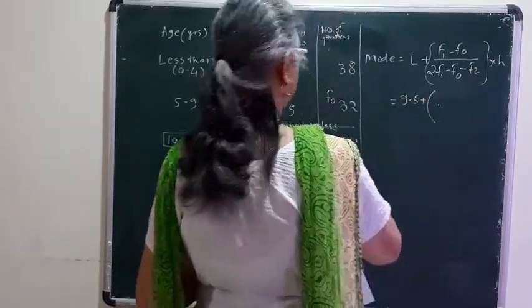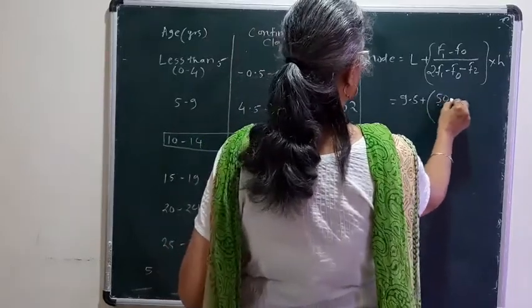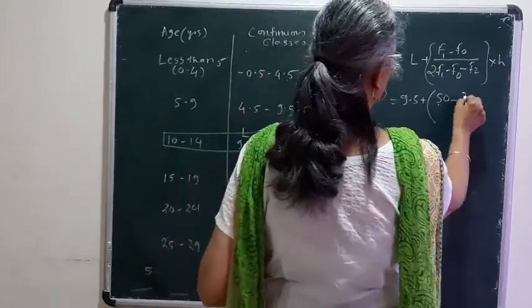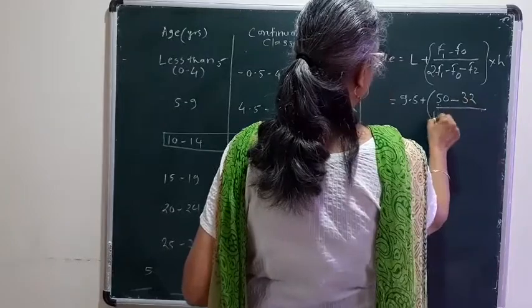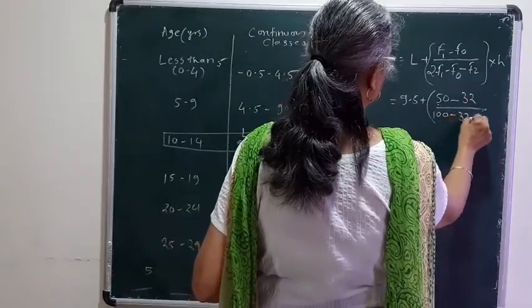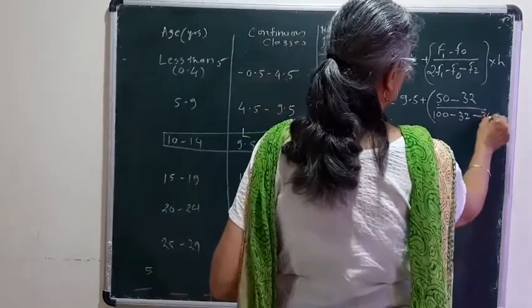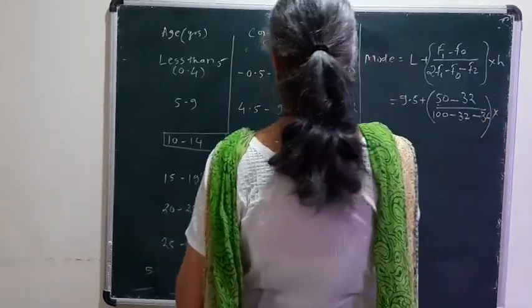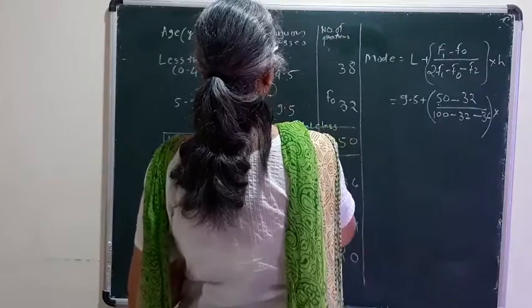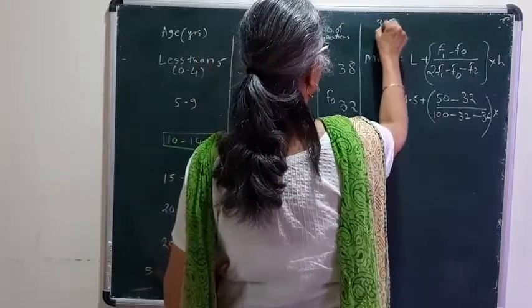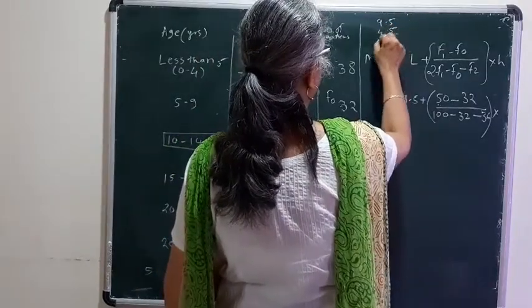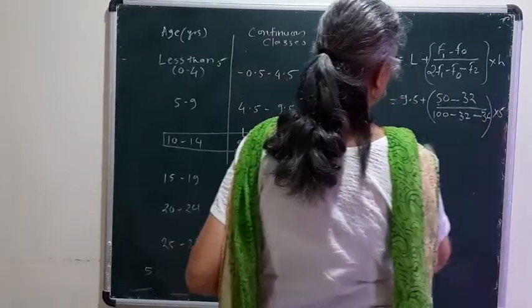How much F1 we have? 50 minus F0 we have 32. 2F1 means 100 minus 32 minus F2. How much we have? 36. Now here difference is of 9.5 minus 4.5. How much it is? 5. So difference is of 5.